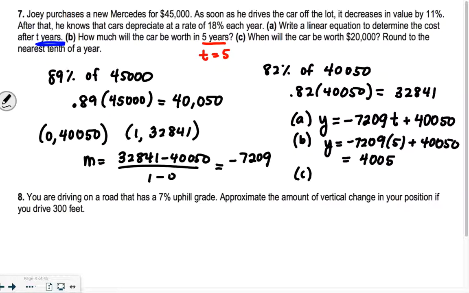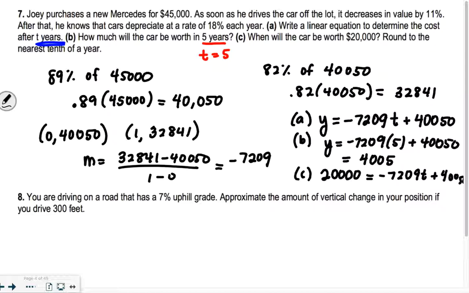All right, so then C. When will the car be worth $20,000, rounded to the nearest tenth of a year? What am I plugging in $20,000 for? Y. So you're going to do 20,000 equals negative 7,209t plus 40,050. I'm running out of room.